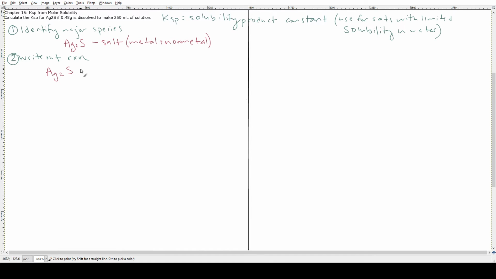And if that's the case, that means we're going to have some left over at the end. You can use a double-sided arrow here. So we've got silver and sulfide. And if you wanted to add a little note, you could say use this because not completely soluble.